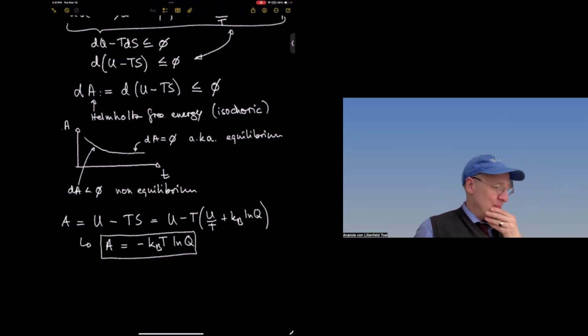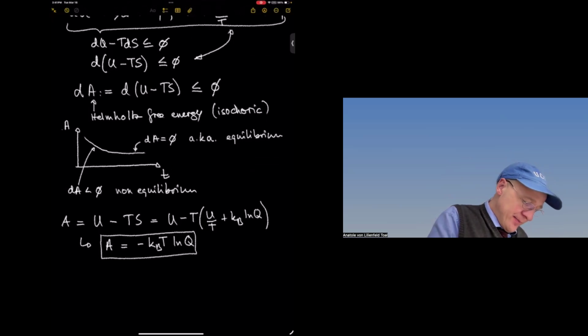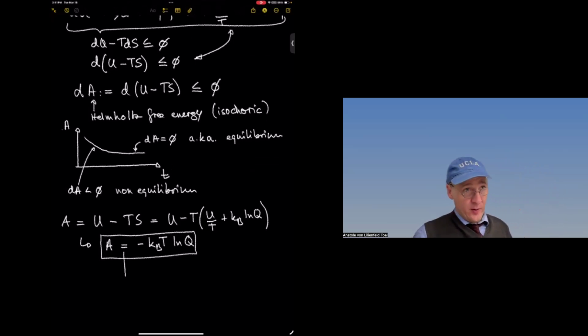This equality is quite mind-boggling to the macroscopic chemists.